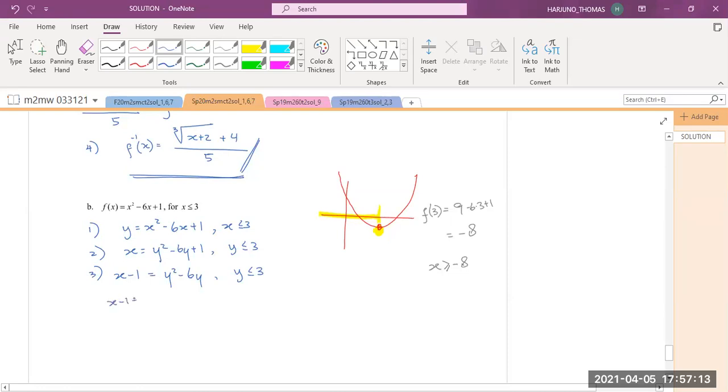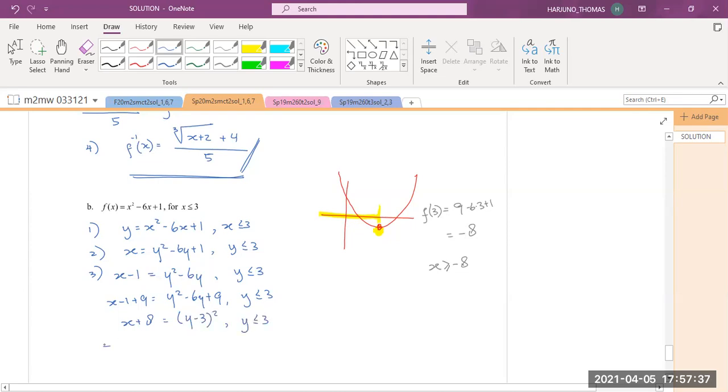x minus 1 plus 9 equals y squared minus 6y plus 9, for y is at most 3. So x plus 8 equals y minus 3 squared.